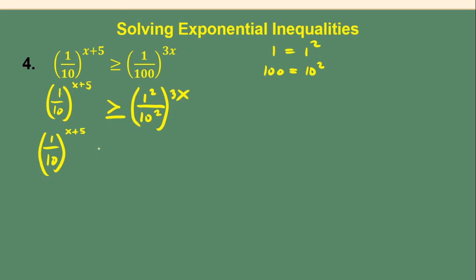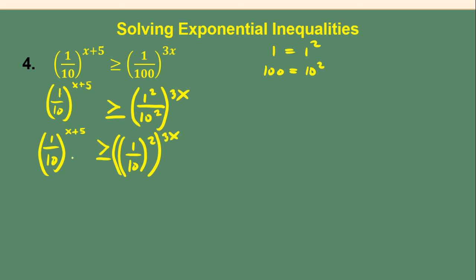And then is greater than or equal to. By the way, we can also express this as 1 over 10 raised to 2, and then raised again to another exponent, which is 3x.